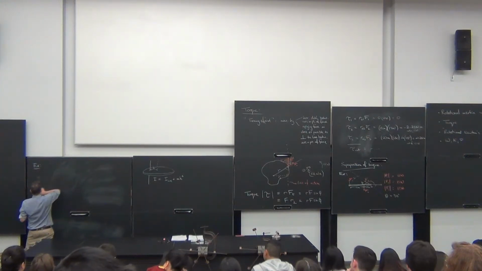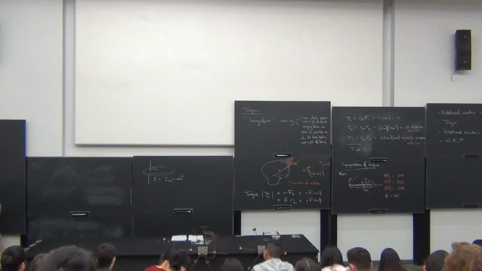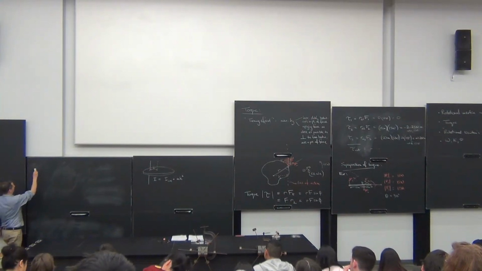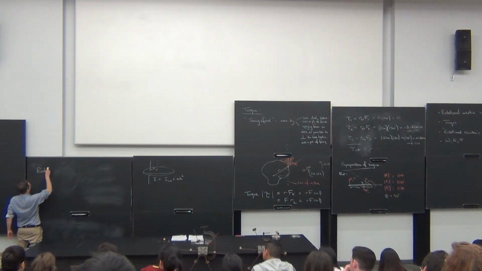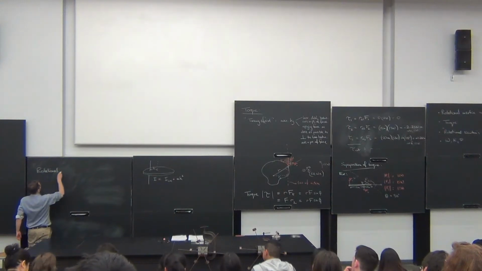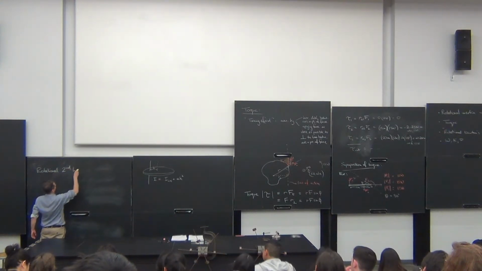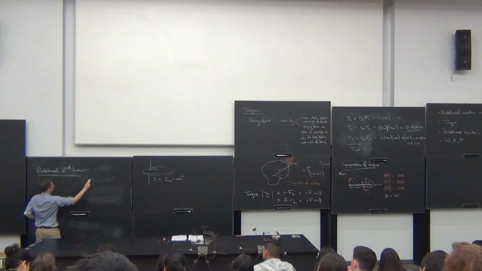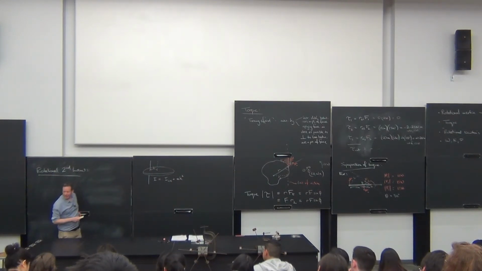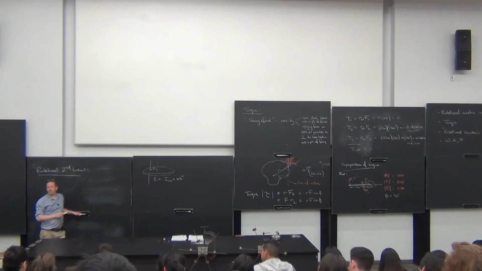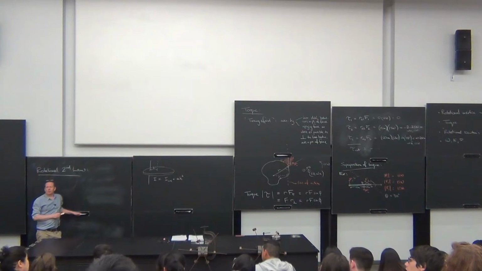So, what's your guess as to what the rotational analog is going to look like? What's it going to look like? Yep. F equals m r alpha. Okay.